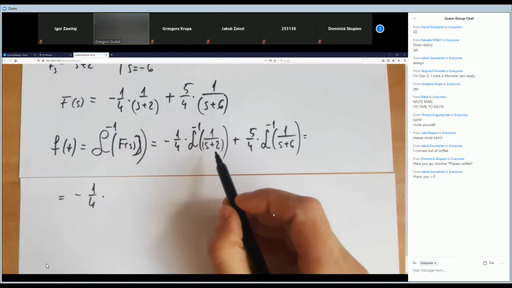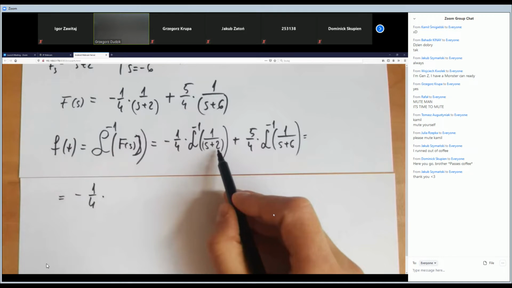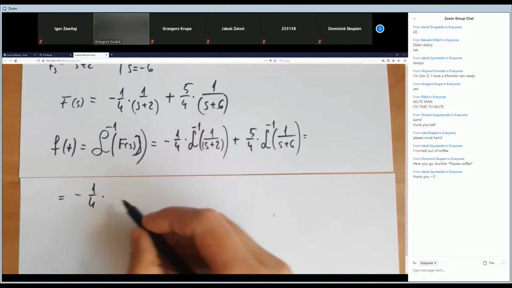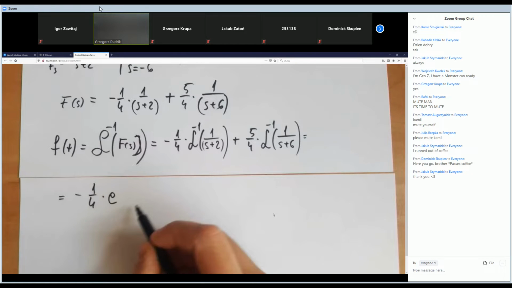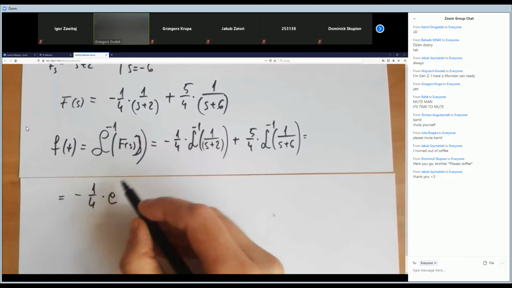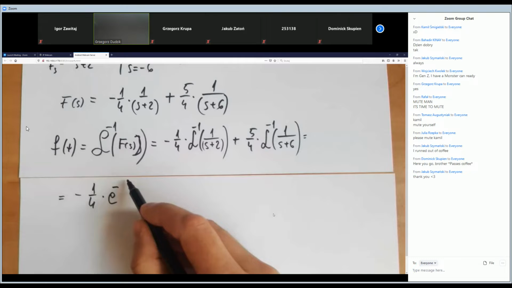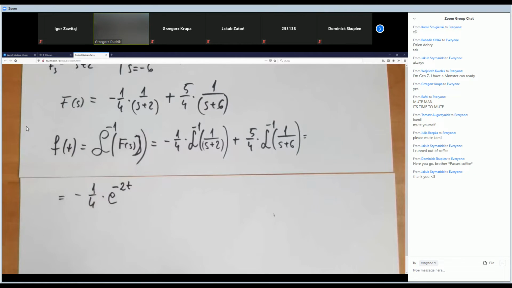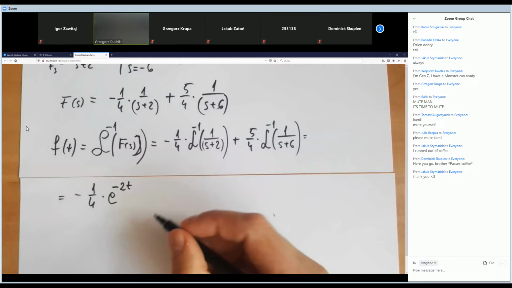However, a is 2 in our case. So the inverse Laplace transform of it will be e to the power of minus a t, and a is 2, so it is e to the power of minus 2t. Great.